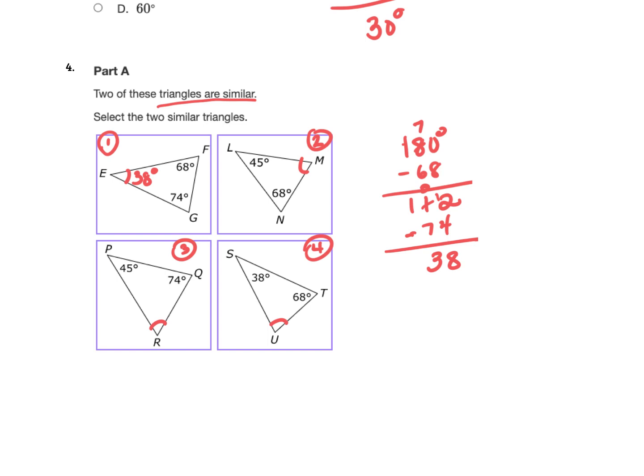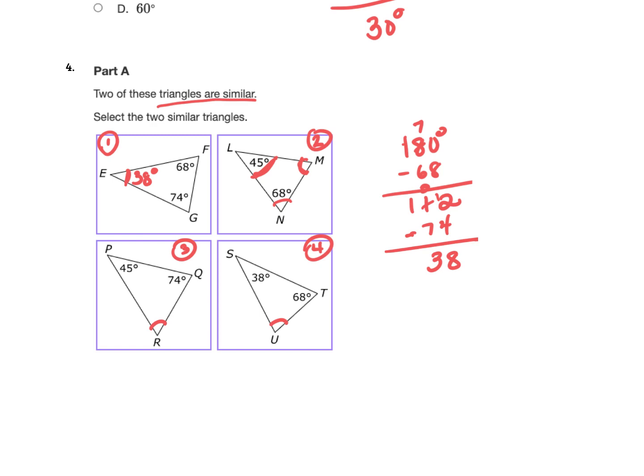All right, so using process of elimination, if I have a 45-degree angle and a 68-degree angle, 1 and 2 can't possibly be similar, because this is 45, it's bigger than my smaller angle for my first triangle.